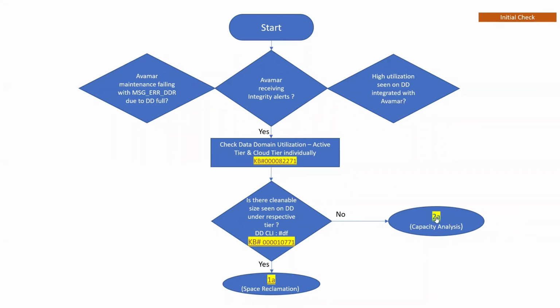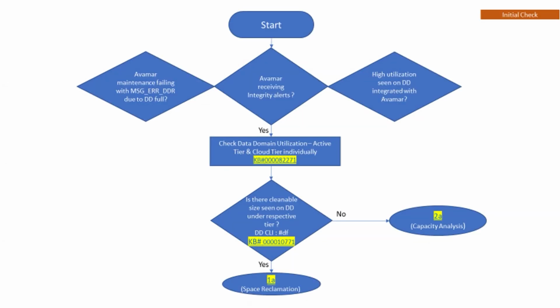Instead of rerunning cleaning and still having no available space, there's no point in doing that unless DD has any scope of reclaiming space through expired backups. If there are no expired backups, DD will not get any opportunity to clean and make space for any new backups. So first of all, you have to do capacity analysis.